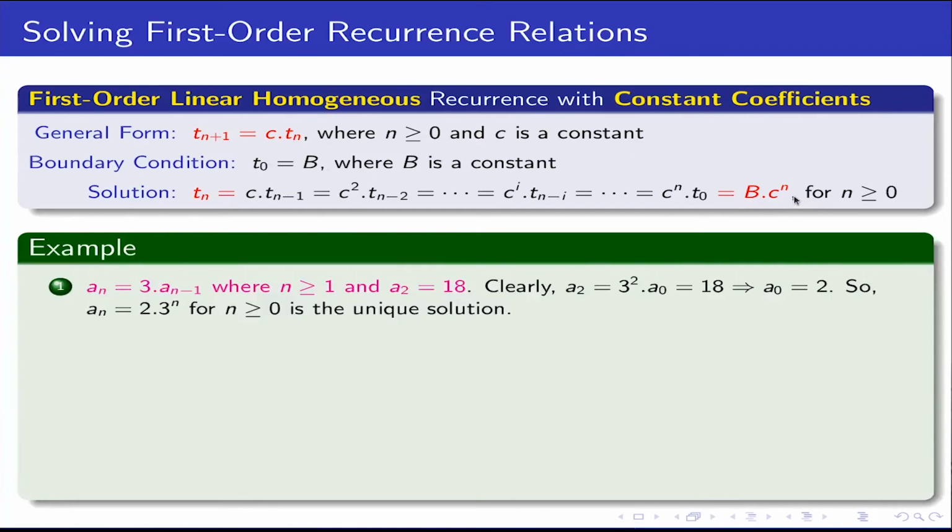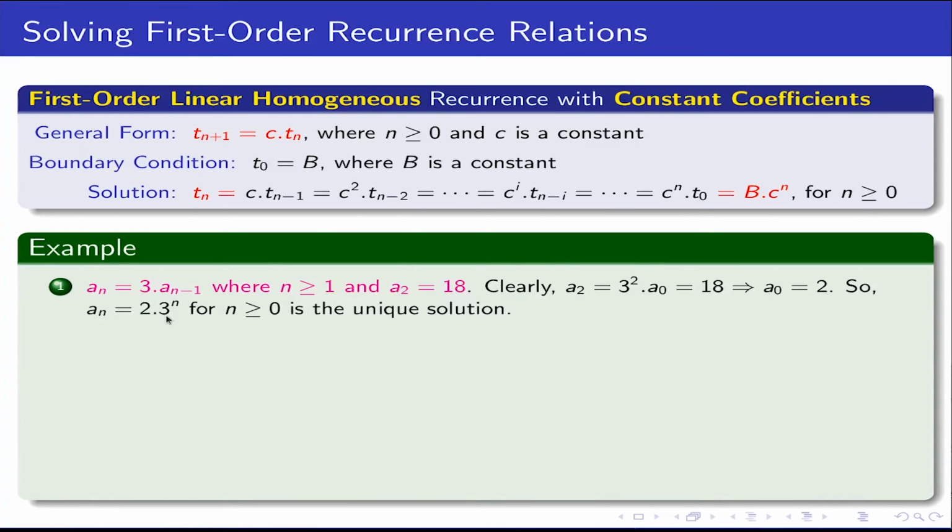Some examples: a(n) equal to 3 a(n-1), where n greater than or equal to 1, a2 equal to 18. See, I put some jugglery here: I do not directly say n greater than or equal to 0 and do not give you a0. Since you have this recurrence and a2 is given, you can say a2 equal to 3 into a1 equal to 3 squared into a0, so you can get a0. If you get a0 and you have n greater than or equal to 1, you can easily formulate this recurrence with the same formulation.